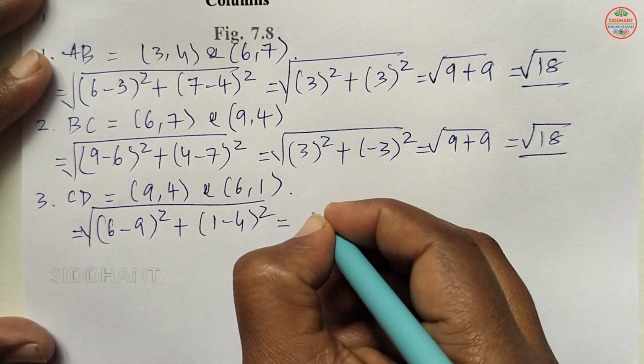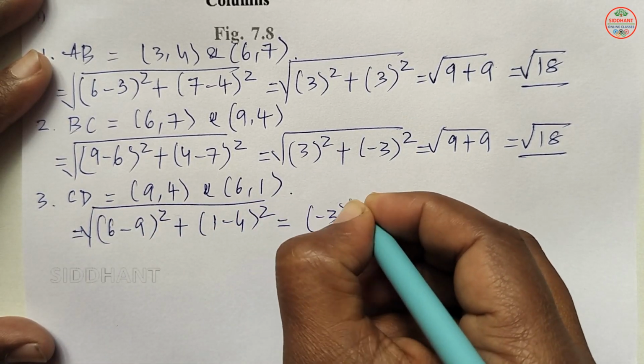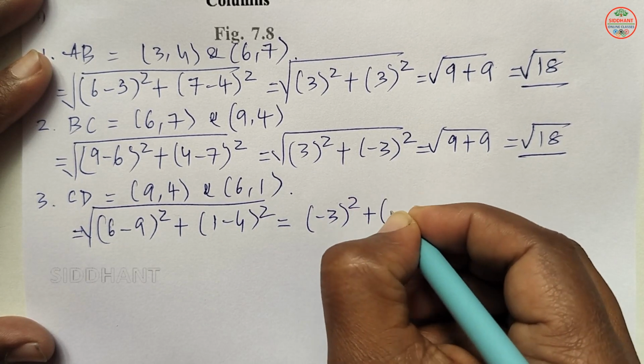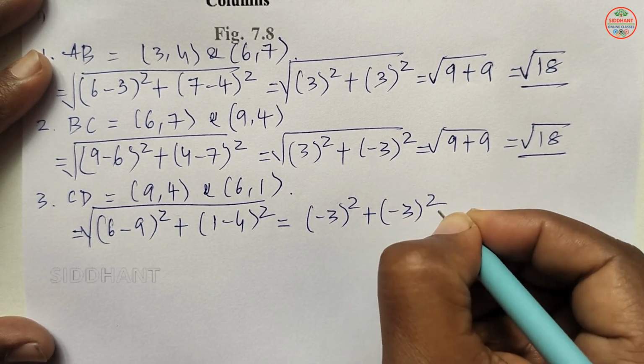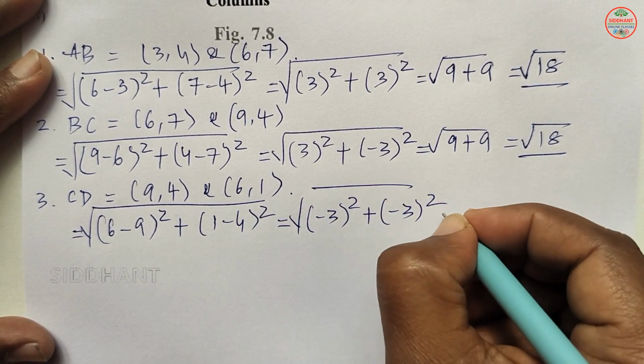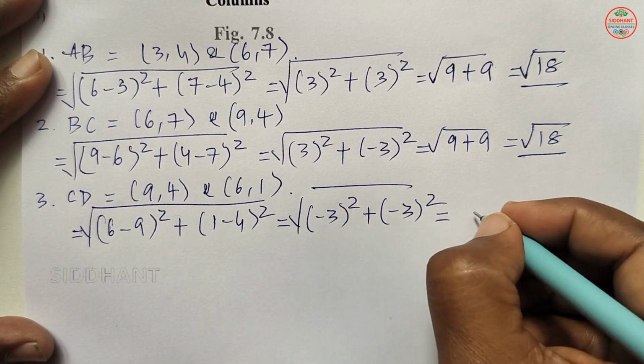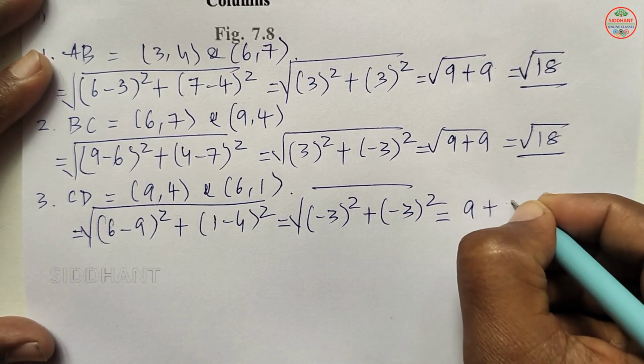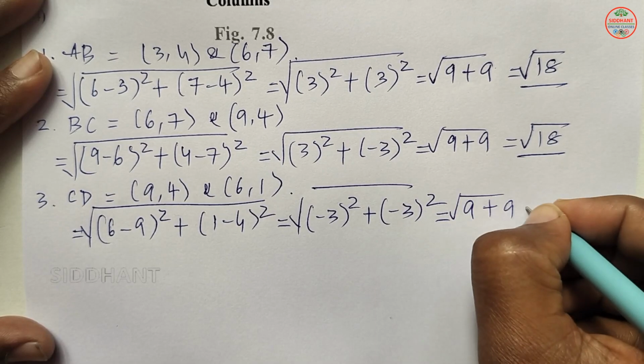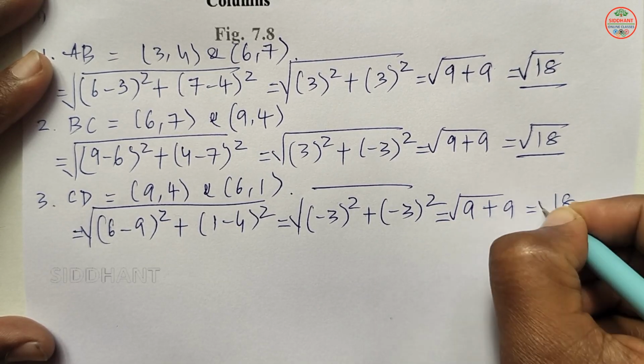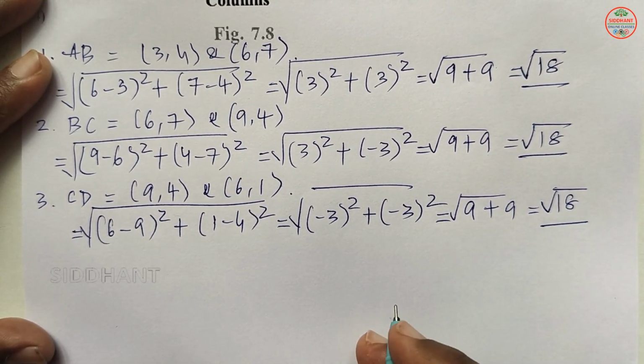So that equal to minus 3 whole square here, minus 3 whole square, that equal to 3 square 9 plus 9, that equal to 18 here, square root 18.